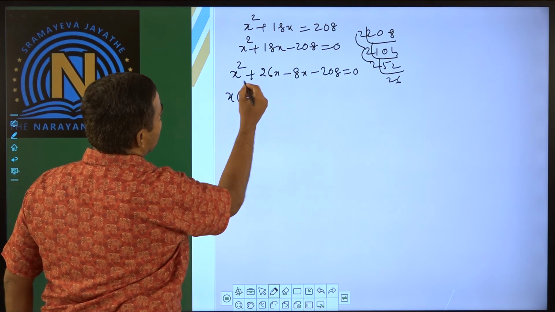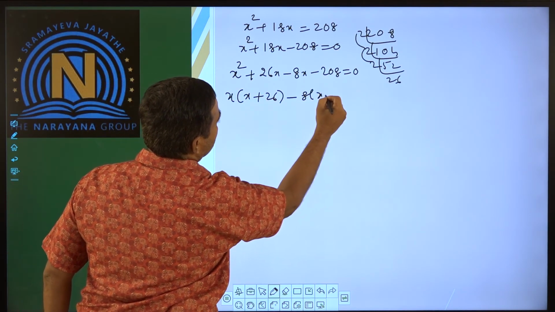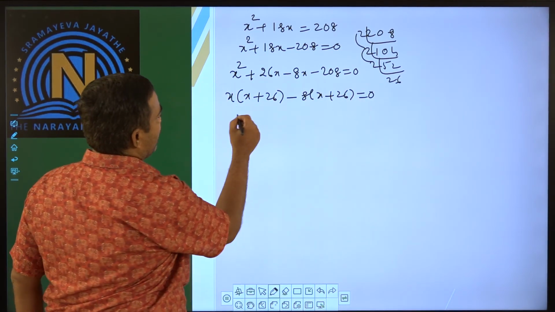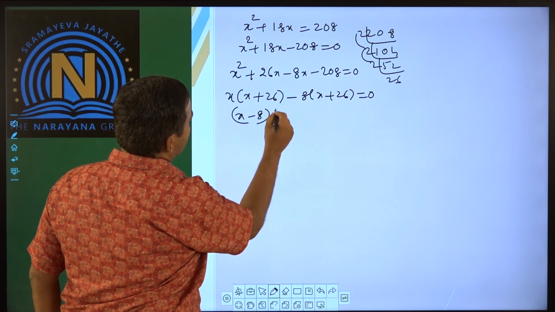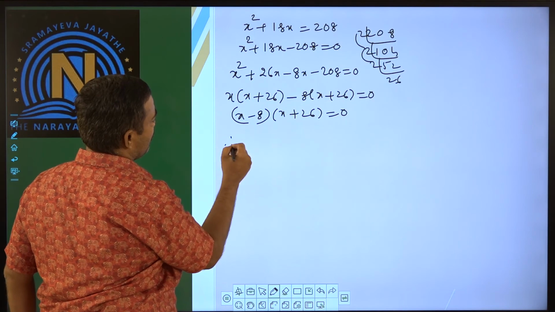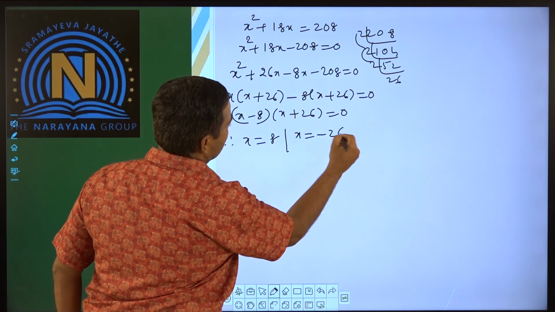Now x taking common, x plus 26, minus 8 taking common, x plus 26 is equal to 0. In that, x minus 8 is a factor and one more, x plus 26, is a factor. Therefore x is equal to 8, x is equal to minus 26.